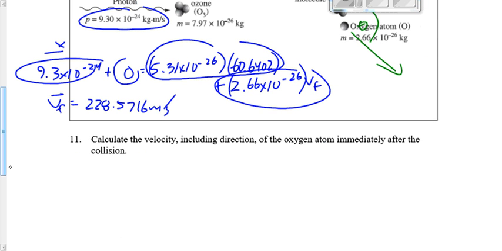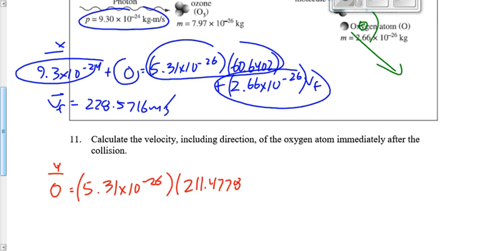For the Y components, we're going to say 0 initial momentum on the y-axis, because everything's on x, right? That is equal to, here's the molecule, 5.31 times 10 to the minus 26 times 211.4778.